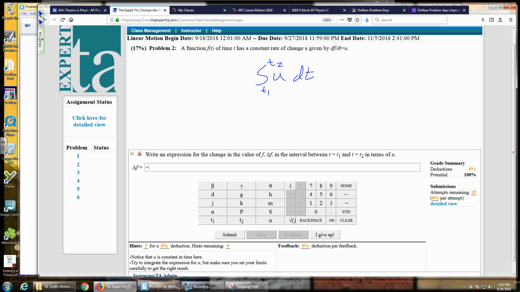And so it might be the integral of df, which would just equal, yeah, just f.